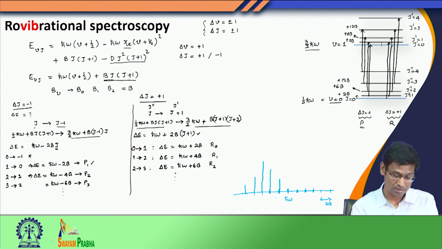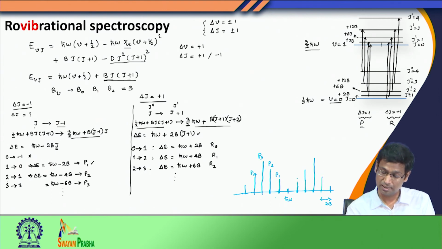The first R line appears at h bar omega plus 2b, this is h bar omega. R1 appears at h bar omega plus 4b, then h bar omega plus 6b. So to give these names, this is P1, P2, P3, P4, and this line is R0, R1, R2, R3 and so on and so forth.